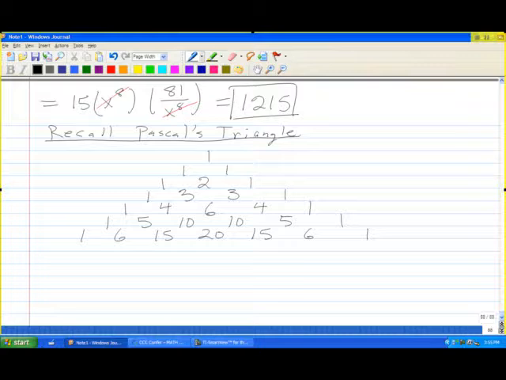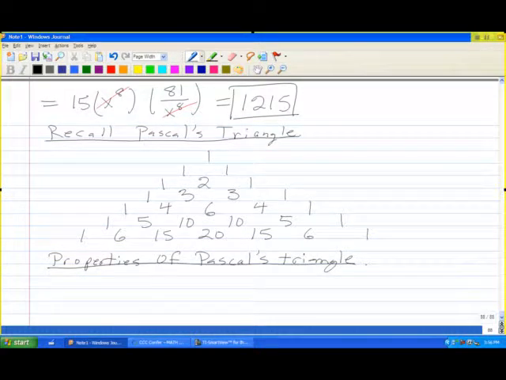So let me give you some properties of Pascal's triangle. Properties of these binomial coefficients.